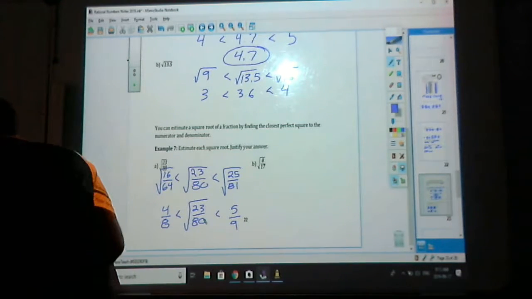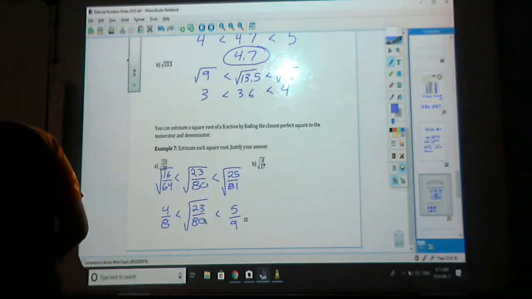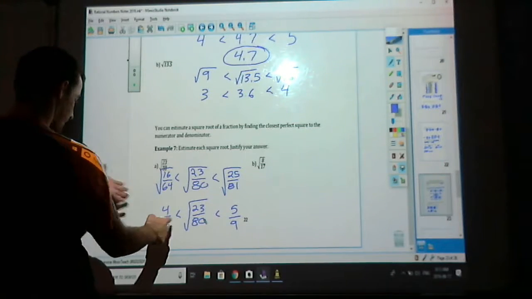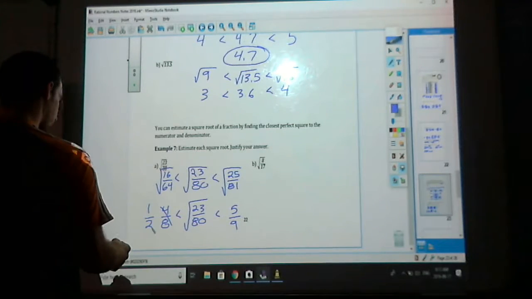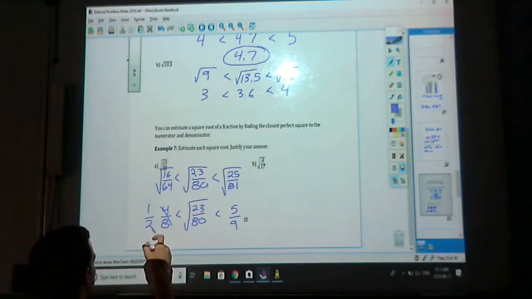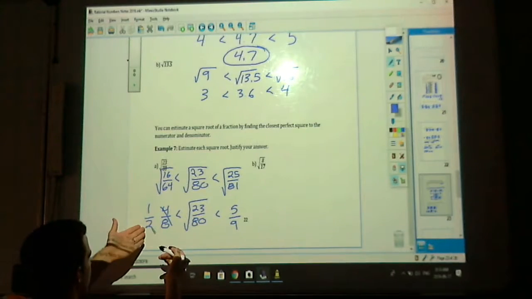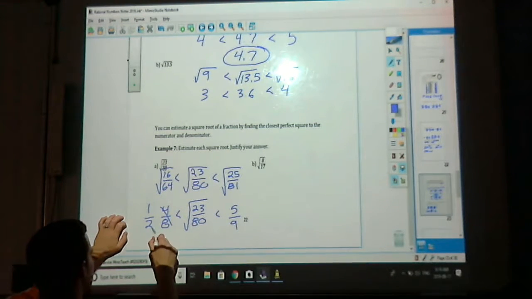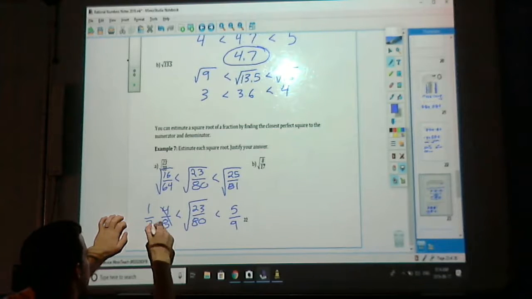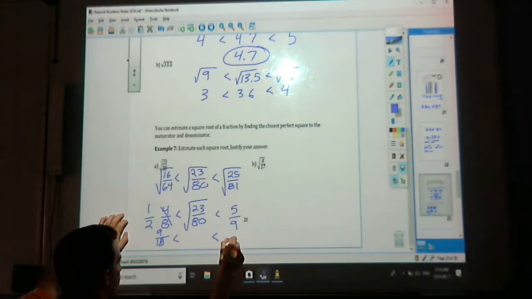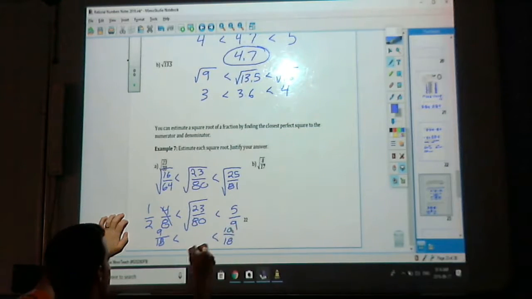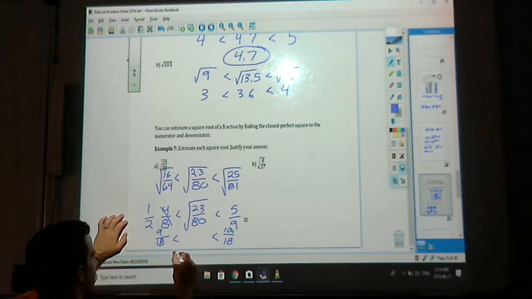So here what we can do, if we take this, simplify it, right, 4 over 8 is the same thing as 1/2, okay, and then 2 times 9 is going to be 18, so over 18, right, and 1 times 9 is 9, so 9 over 18, right? And then here we go, 5 over 9 times 2, we end up with 10 over 18. Okay, so we now know our number is somewhere between 9 and 10.